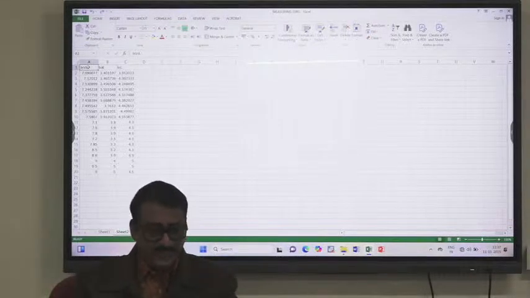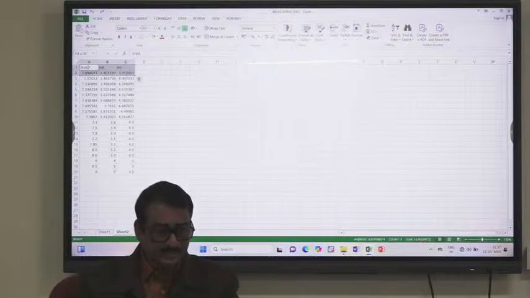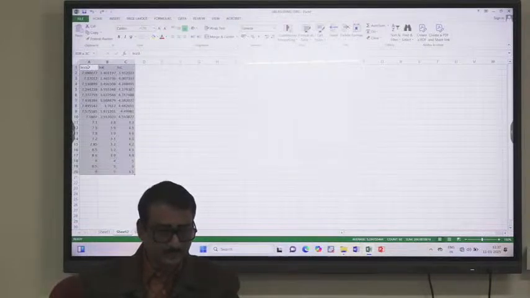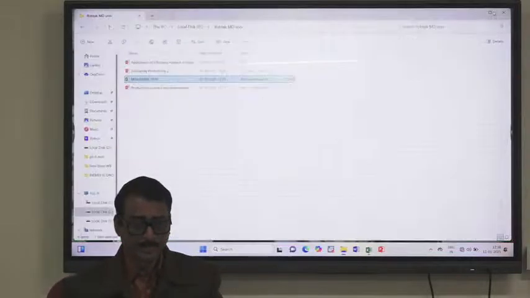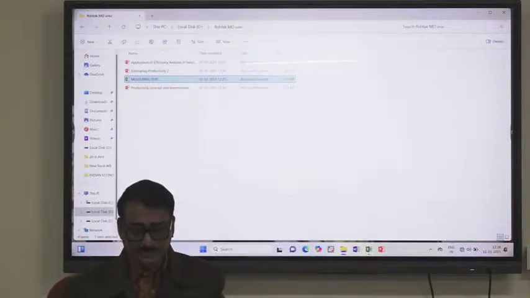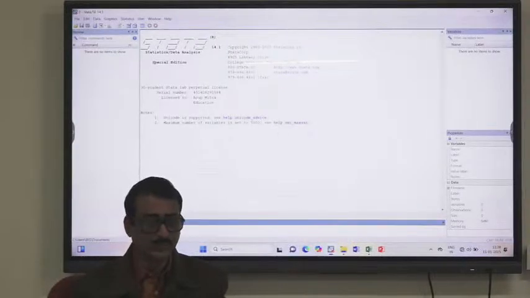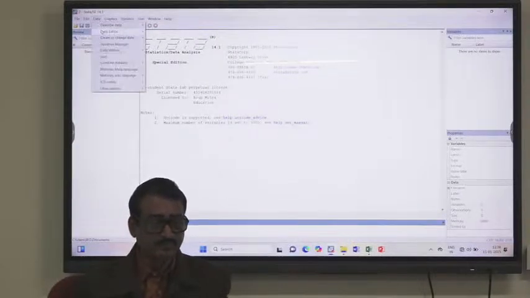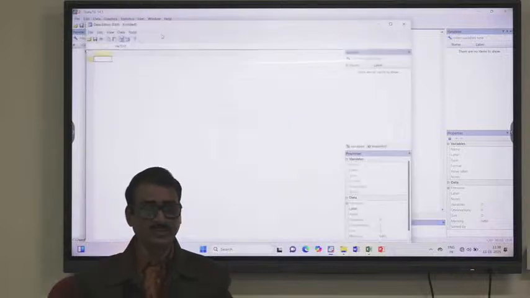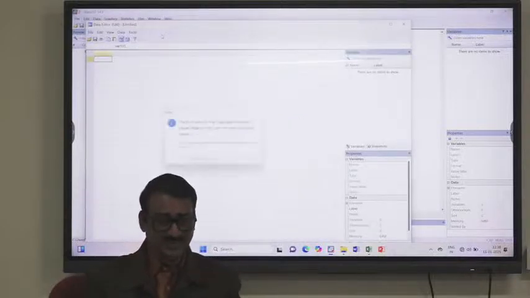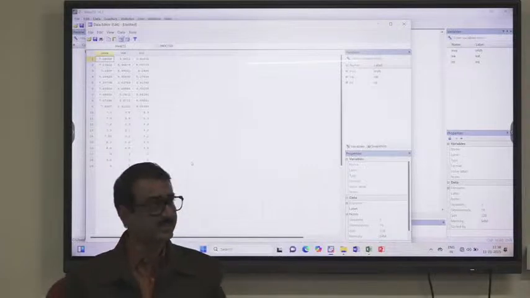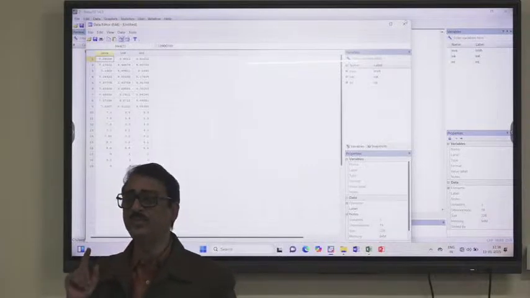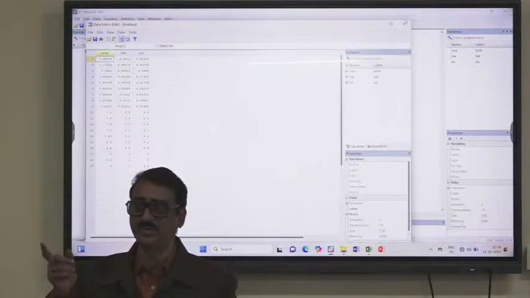So what I do, I take the data to Stata. I'm following the shortcut, just copy paste. Right? So my data has come in Stata. Now I will have to apply that stochastic frontier function framework.